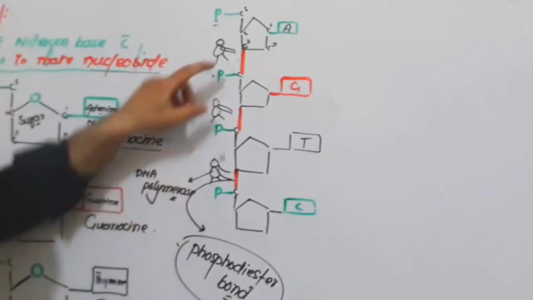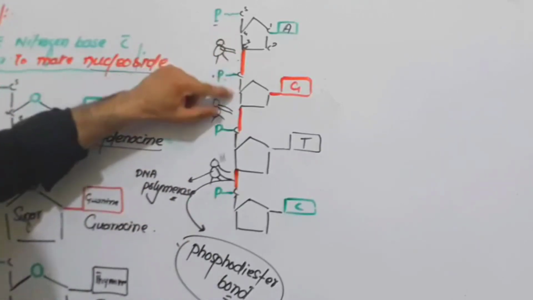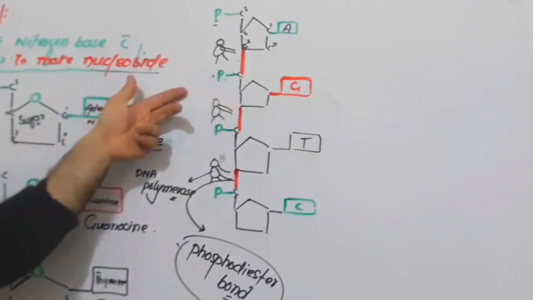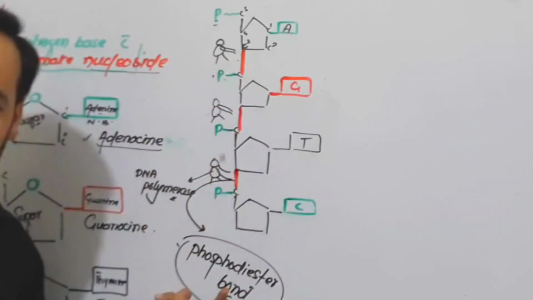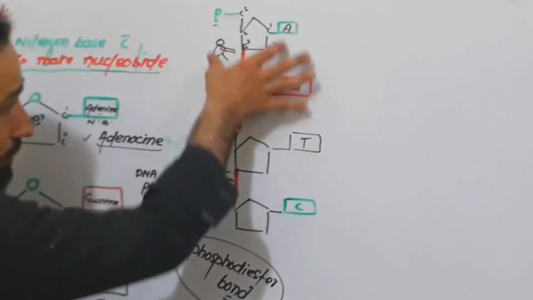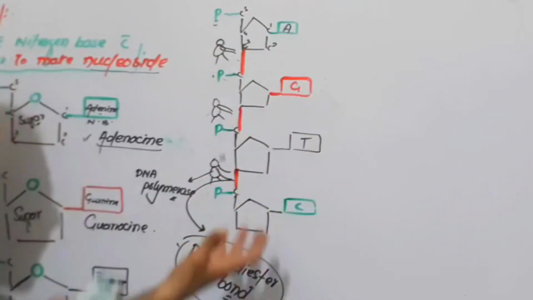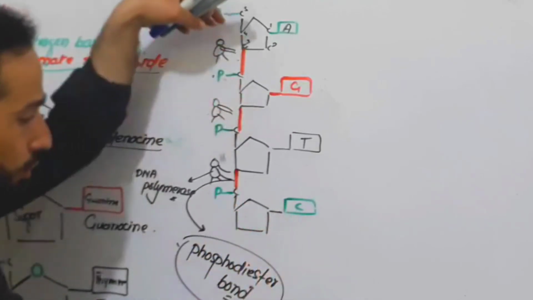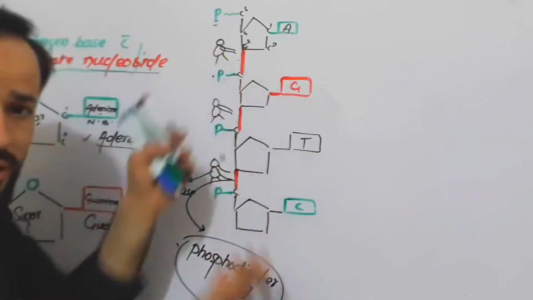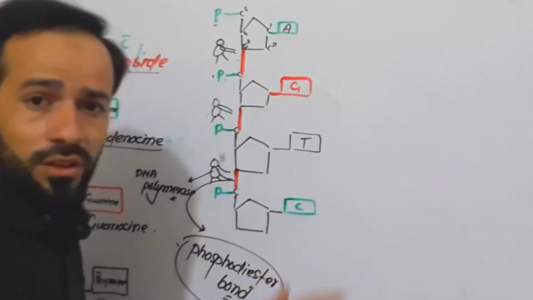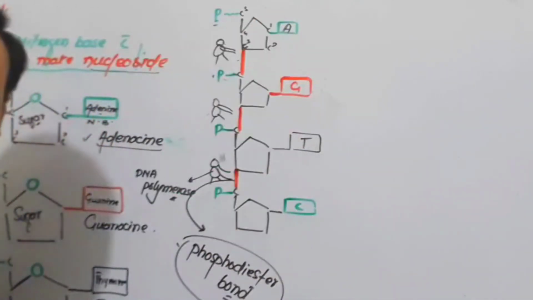DNA polymerase is making bonds between the 2 nucleotides by the utilization of energy which is brought by these nucleotides. It's so simple, right? Now if we put millions of these nucleotides together like this, they will make a single strand of a DNA, right?